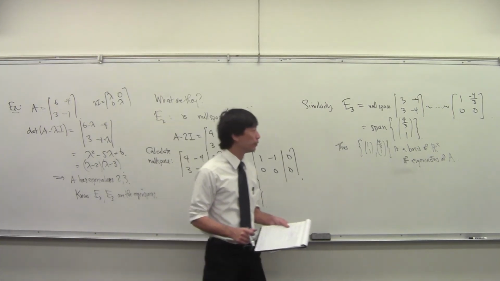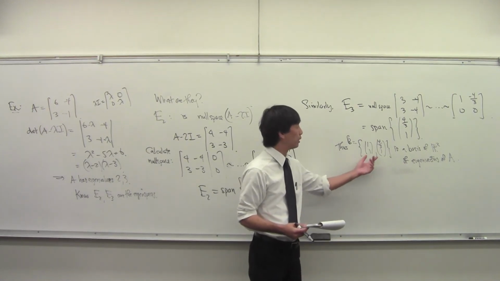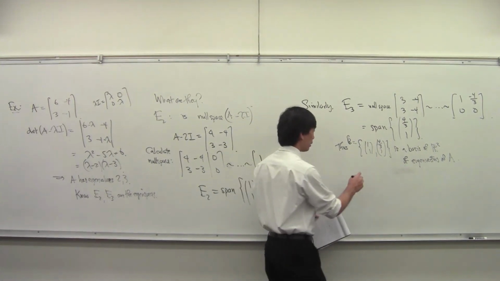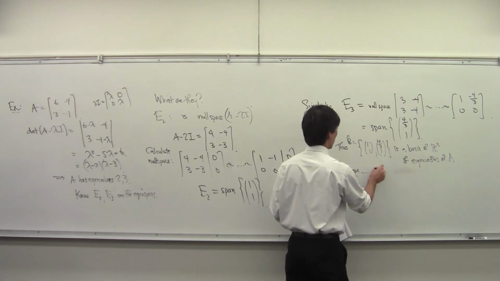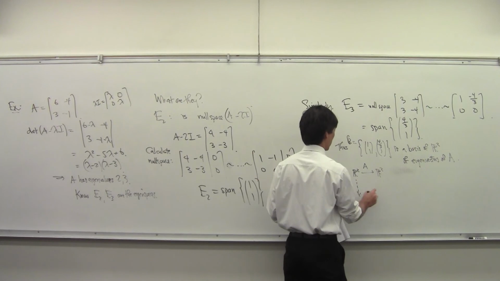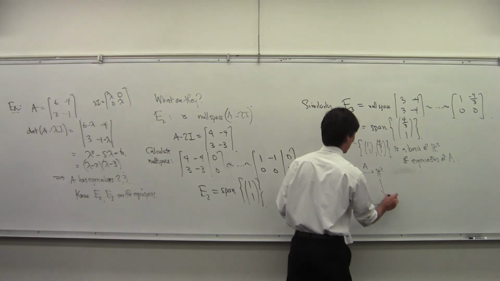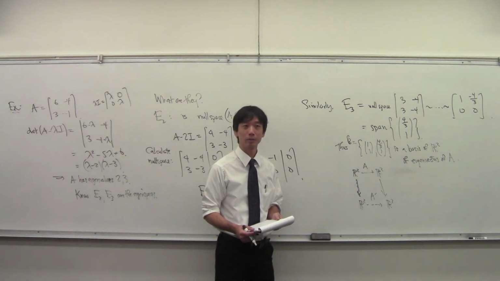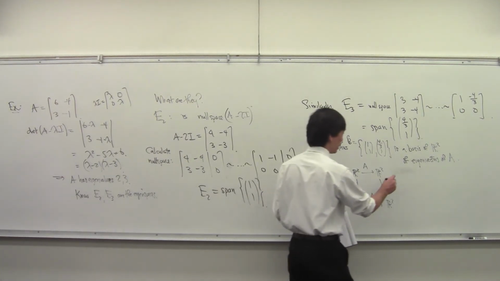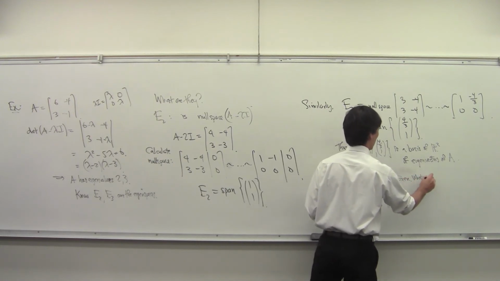So for example, if we took this and looked at its matrix representation in this basis, what do we get down here? I'll let you think about that. What is A prime?